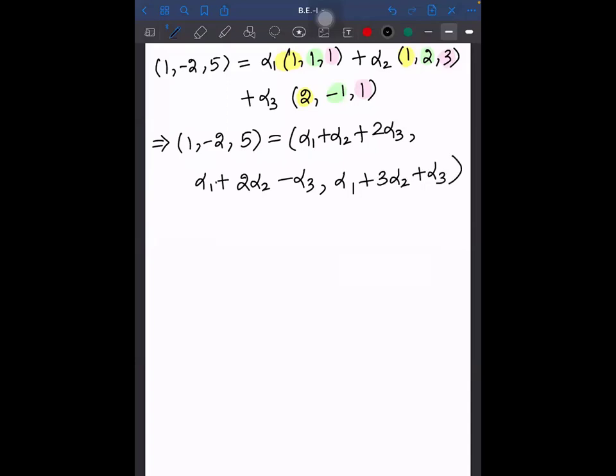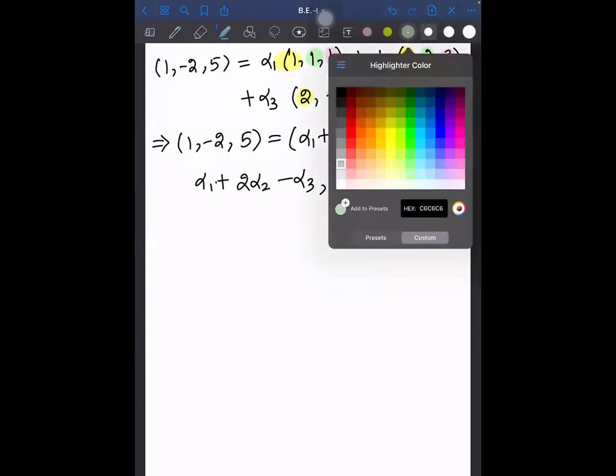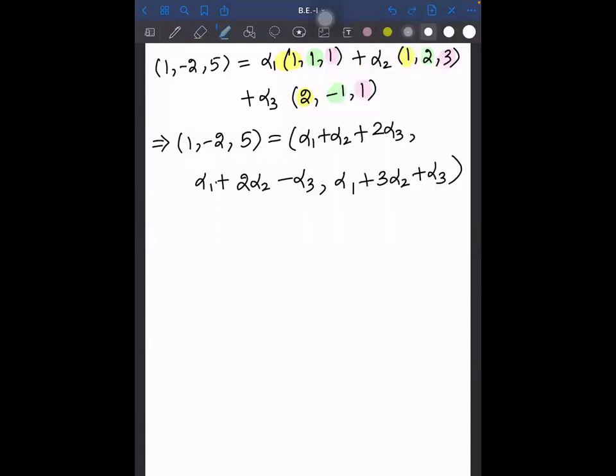So now these vectors are equal, right? Yes, you're with me? The first should equal 1, the second entry should equal -2, and the last one should equal 5. Are you with me on this?